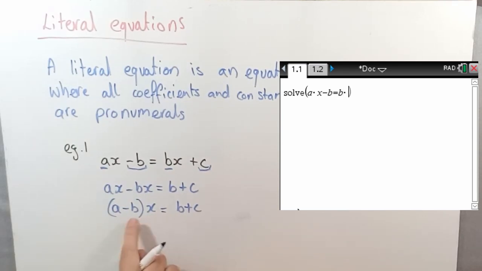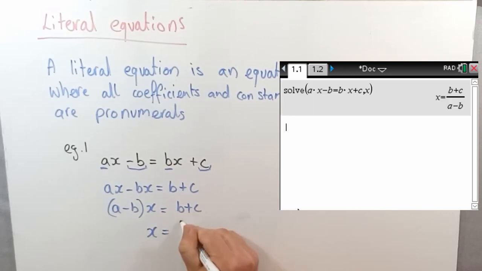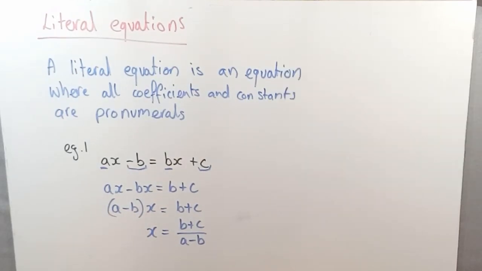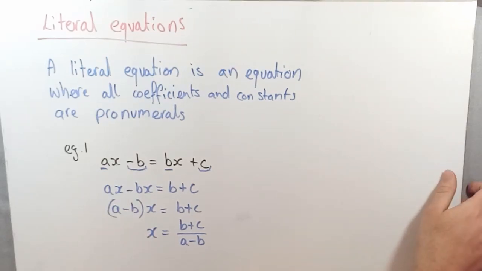So these are now multiplied by each other. I can divide and solve for x. So x equals b plus c over a minus b, and we're done. That's how you do literal equations. You can also do simultaneous equations, but that'll take a lot of time here, so let's just move on.